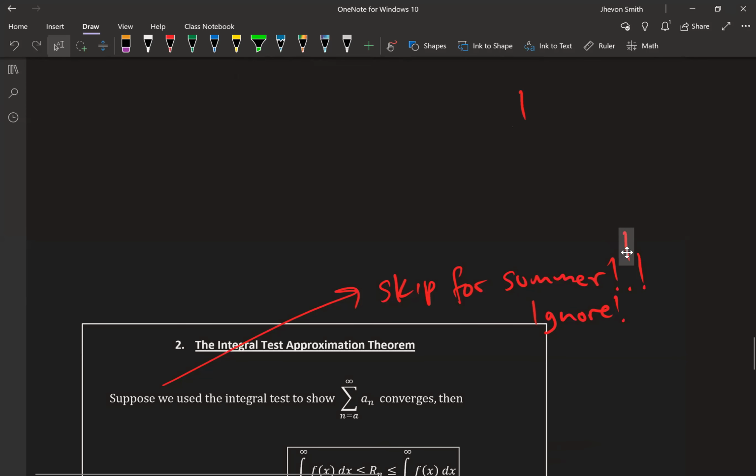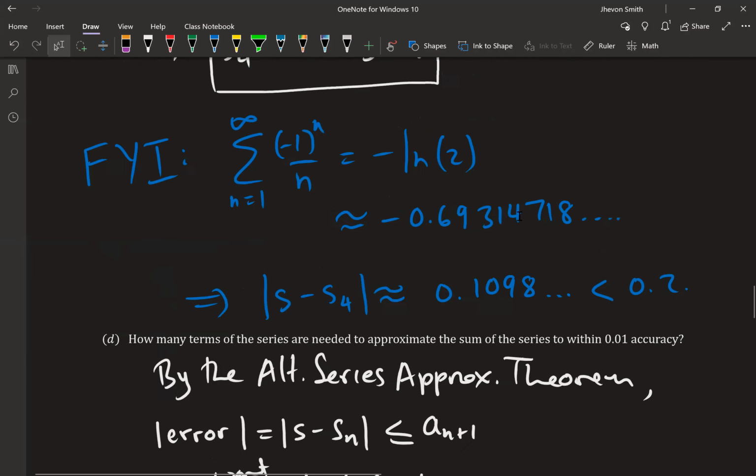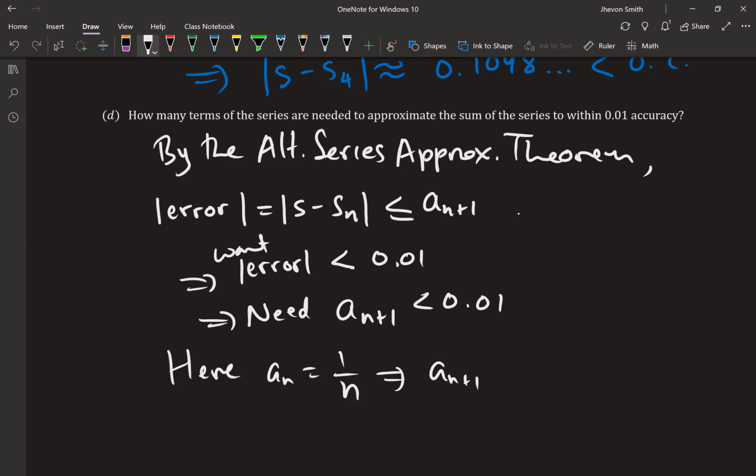All right, but what does the n plus first term look like? Remember, here our an is just 1 over n, which means that an plus 1 is just 1 over n plus 1.